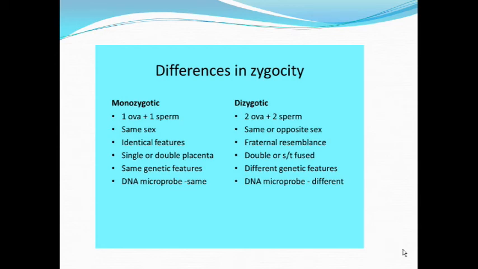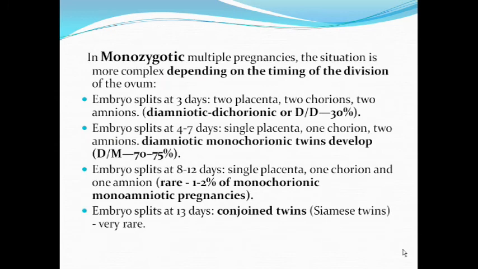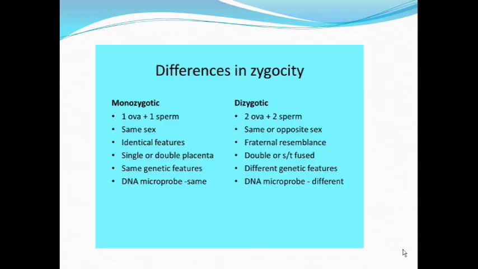In monozygotic twins, there may be single or double placenta, while in dizygotic twins there is always double placenta, but sometimes fused. So only double placenta is seen in dizygotic twins, while in monozygotic twins, it depends on the time of division.